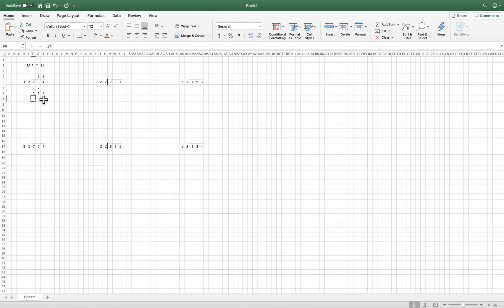So 9 times 12: 9 times 2 is 18. Carry the 1. 9 times 1 is 9, plus 1 is 10. So put 10 here, 108. Then we subtract out what we have here, draw a line. And in this case, we have a remainder of 6.